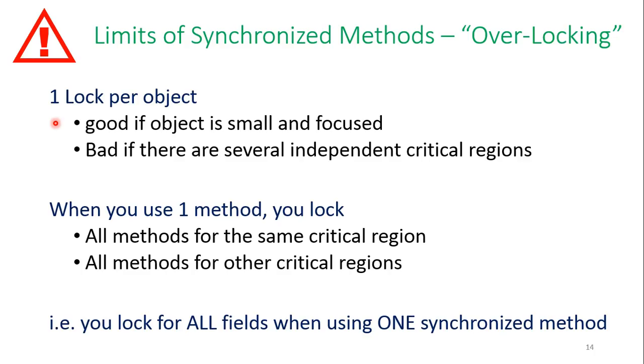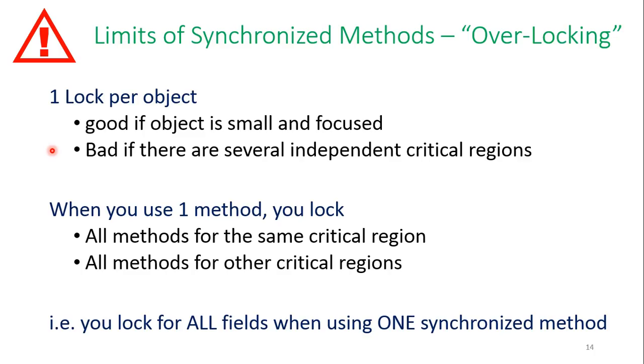However, as soon as you have a class that has multiple data fields, and that's going to happen, and those data fields are relatively independent, then by using synchronized and the single lock for the object, you force every method that wants to do anything with any of the fields in your object to wait for that other method to be done processing that one field. And that's really inefficient. So this is a case where we have overlooking.